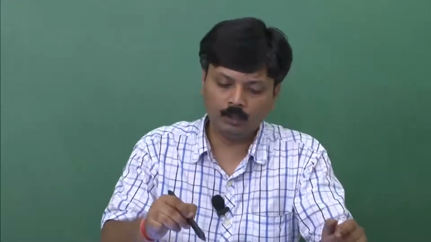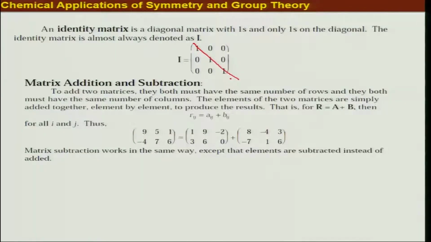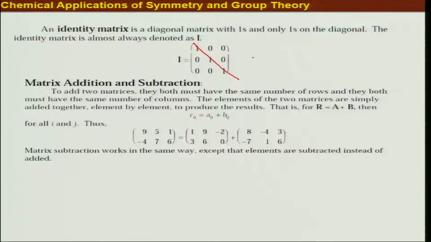Okay, so for a square matrix, this is the diagonal. This is just like you take a square and you get a diagonal for that. So along the diagonal, you will see that all the elements are unity and the rest of the elements are zeros. So this is called an identity matrix, and identity matrix is always denoted by the symbol I, capital I. Okay, this is a normal convention.